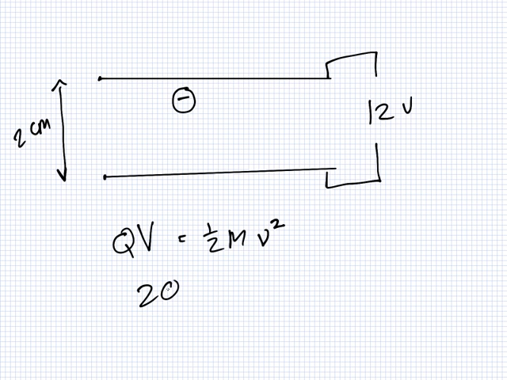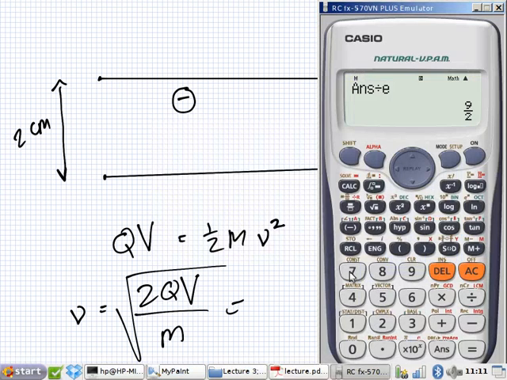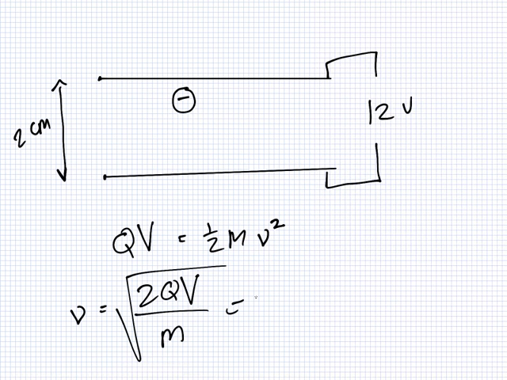So the velocity is the square root of 2qV over m, square root 2 times e times 12 over the electron mass. That gives 2,055 kilometers per second.